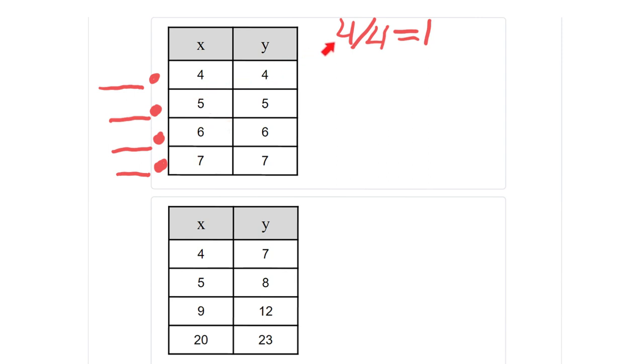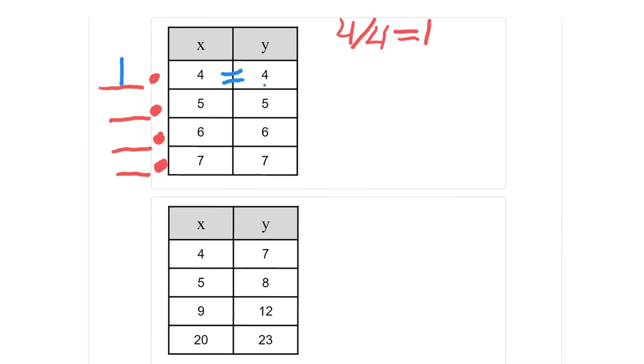Let's look at this table here and see if it shows a proportional relationship. Now, we've been doing y divided by x, 4 divided by 4 is 1. I just thought for fun, I know when I walked around the room, some kids used this approach. They said, well, if I can multiply x by the same thing and it gets me the y in the table, it should work.